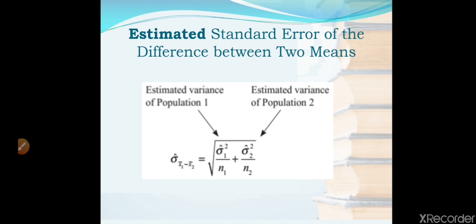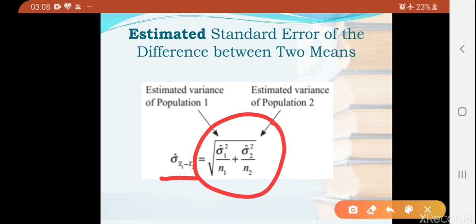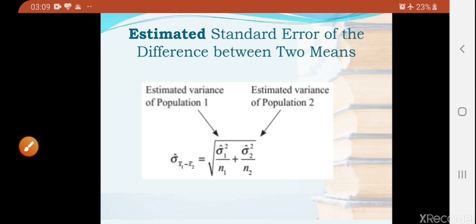Then the estimated standard error of the difference between two means, sigma cap x1 minus x2, is computed from the estimated variance of population 1 and the estimated variance of population 2. We use this in case these values of the population are not given. We find these from samples and call them the estimated variance of the population.